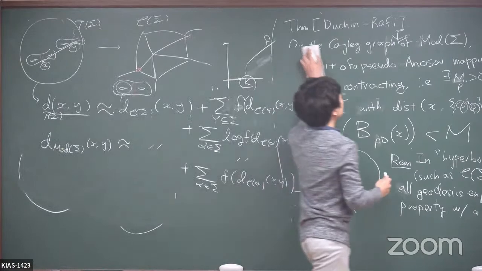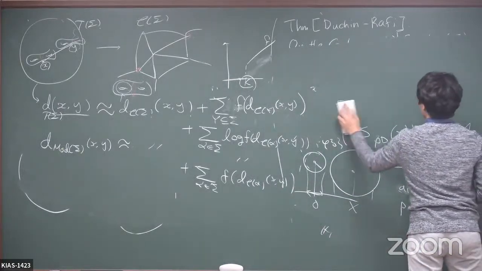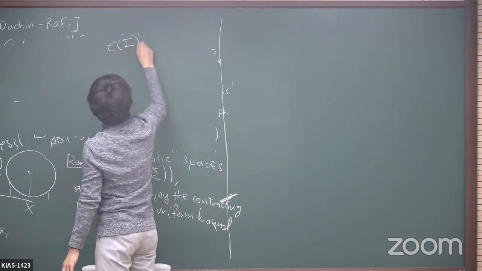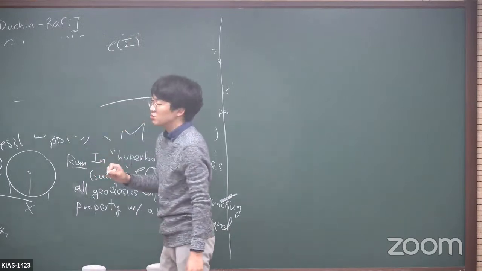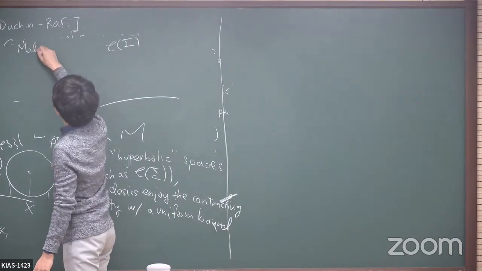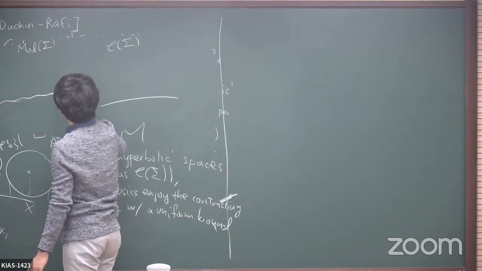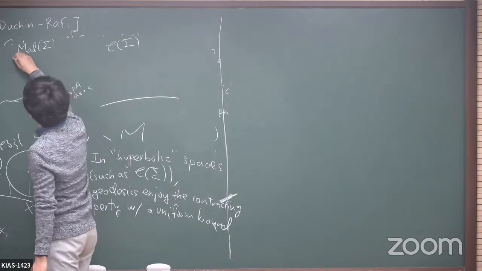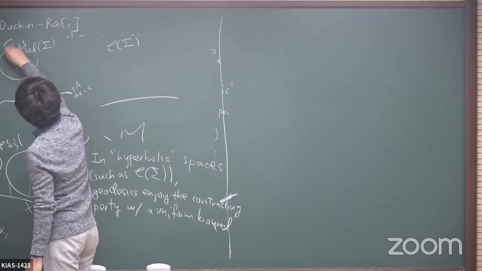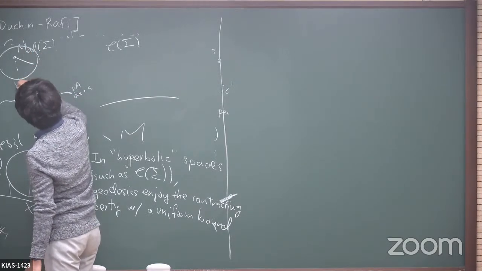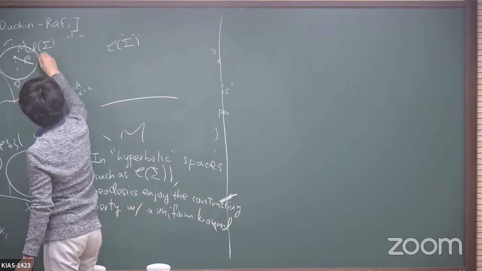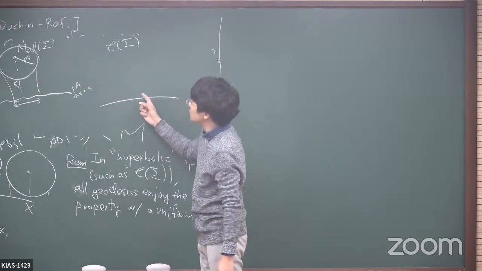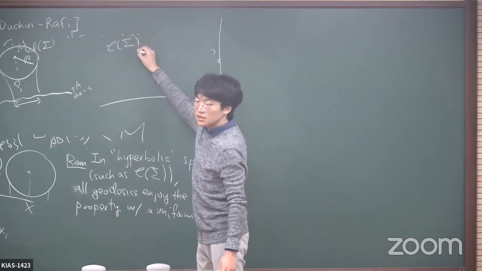So using this, I want to describe the situation here. On the curve complex, you have the perfect contracting property, but on the mapping class group, you may not have it. Suppose you have the pseudo-Anosov axis, and you try to show that if this is a small enough ball, like this is D and this is rho D, then this projection is small. You first bring this situation to the curve complex of the entire surface, not the subsurface.